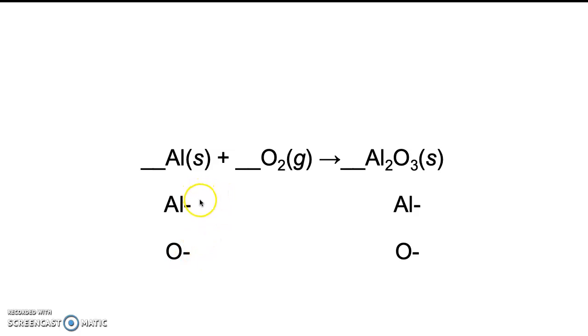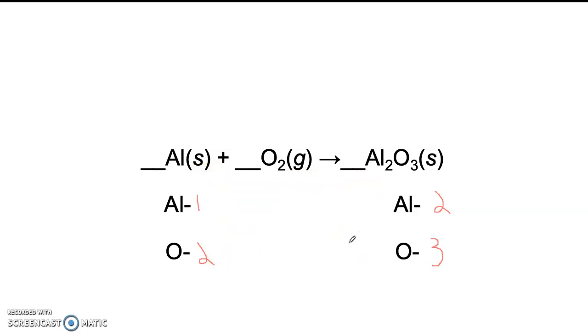On the left side, we have 1 aluminum and 2 oxygens, sorry for my sloppy math. And on the right side, we have 2 aluminums, and then we have 3 oxygens. So we have a complete difference in the quantity of elements that are present.